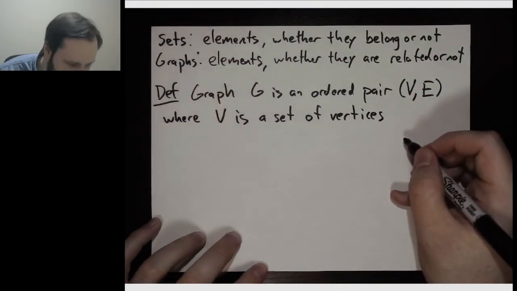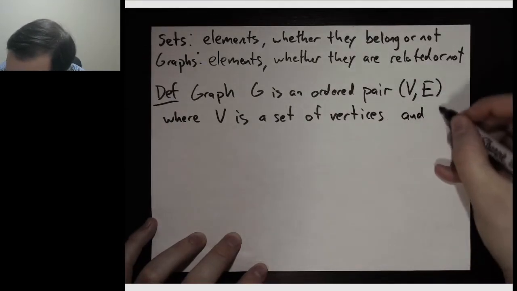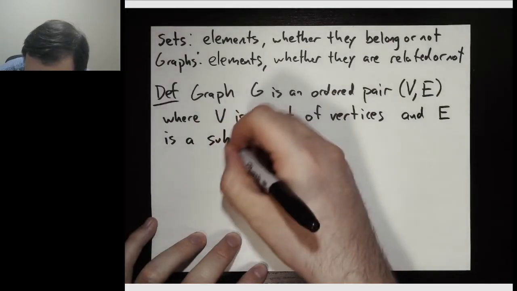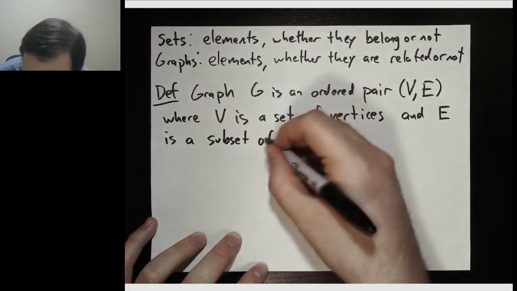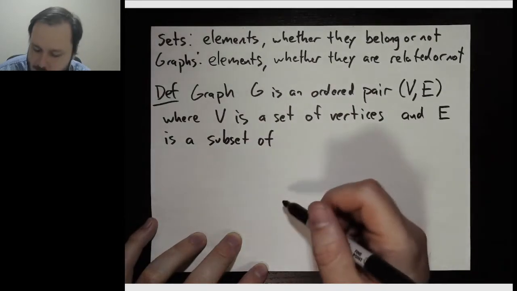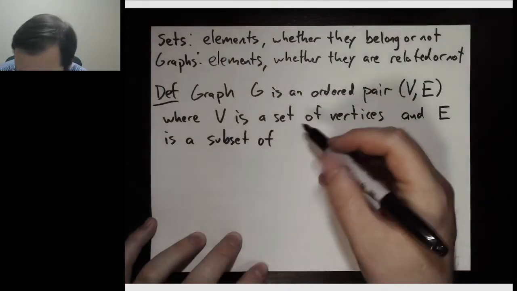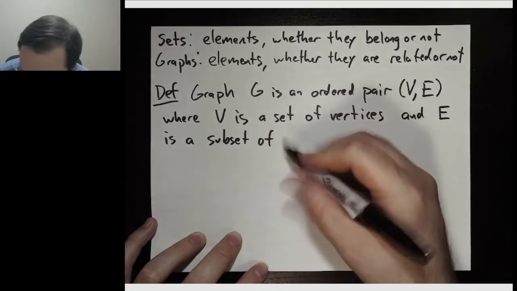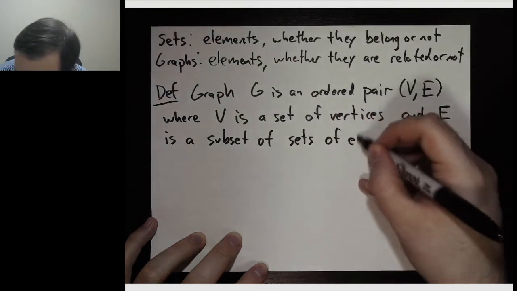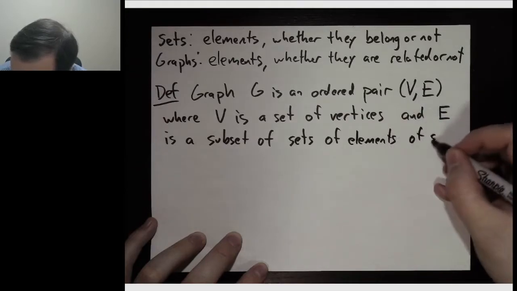So V is a set of vertices. And E is a subset of the power set of V, where everything has size 2. So it's a subset of sets of elements of V of size 2.